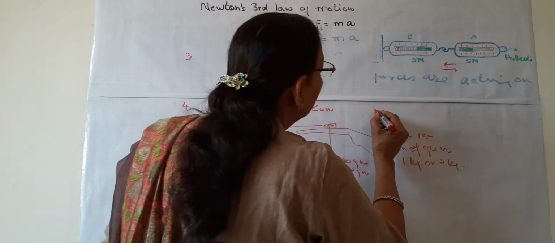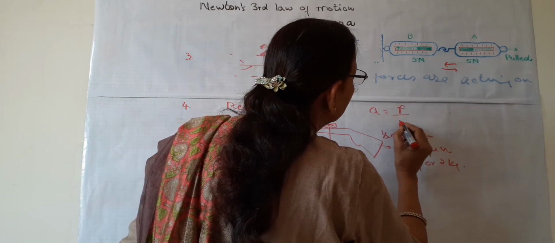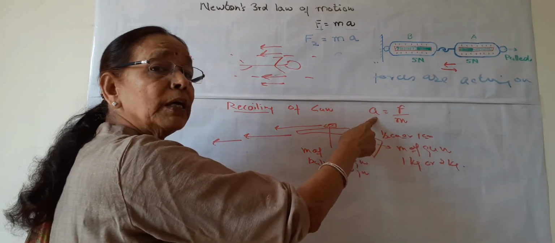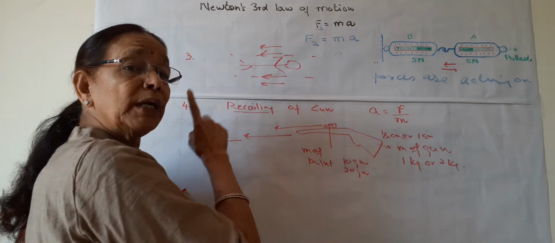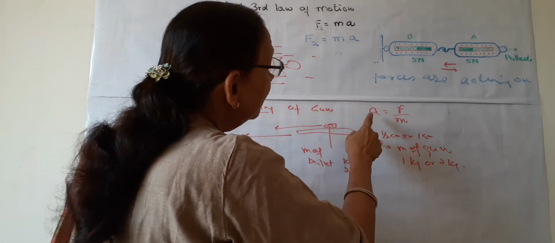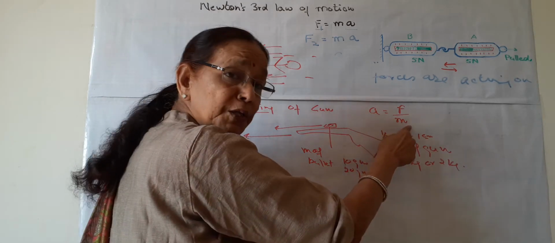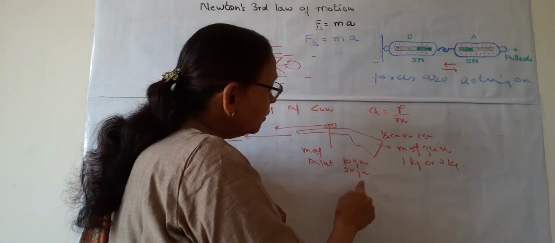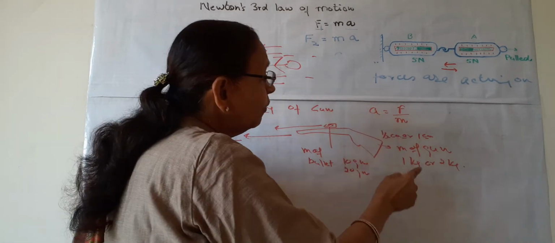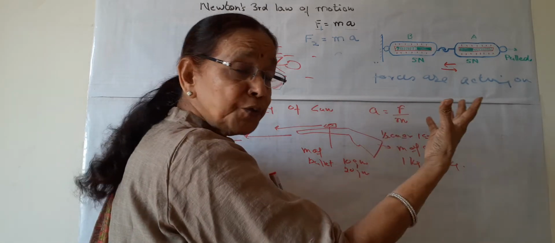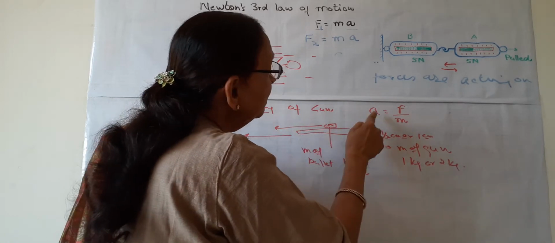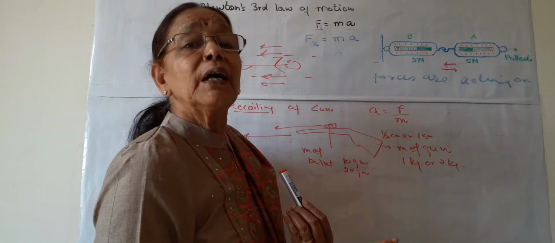And again, by the second law, a is equal to F by m, mass is inversely proportional to acceleration. This moving of the bullet is acceleration, the change in the velocity of the bullet. So the acceleration of the bullet is much more. Why? The mass is quite less, so acceleration will be more, inversely proportional. The mass of the gun is much more, so the acceleration will be less. This recoiling of the gun is the acceleration of the gun.